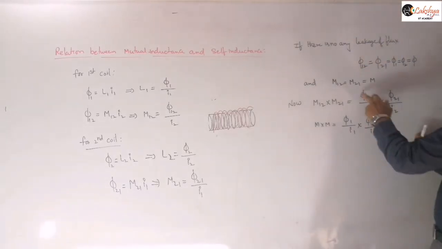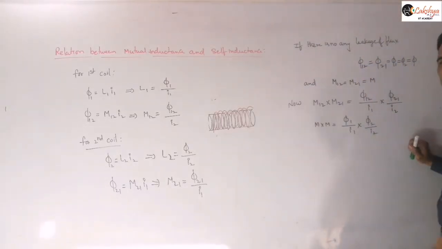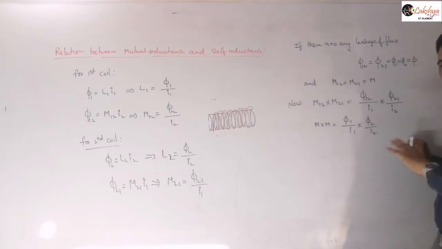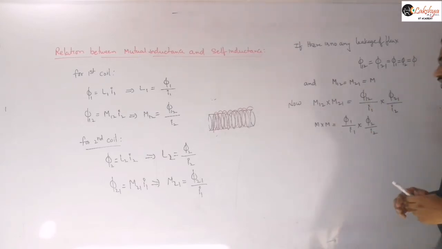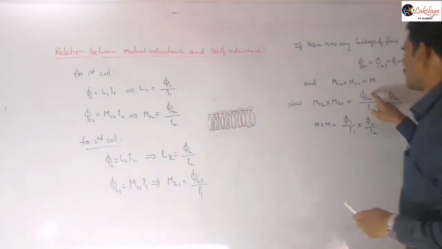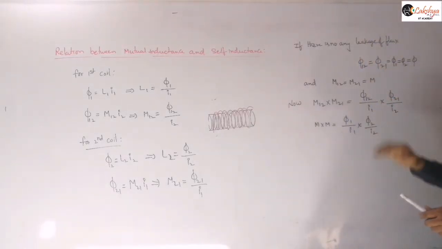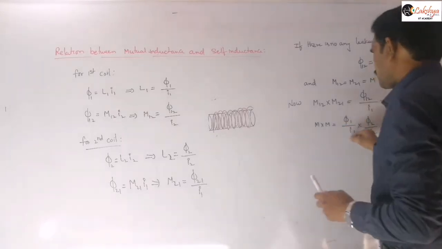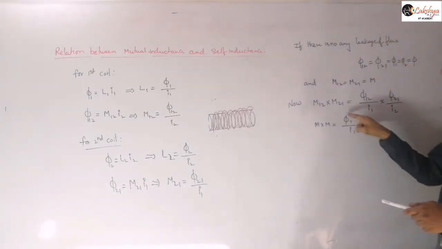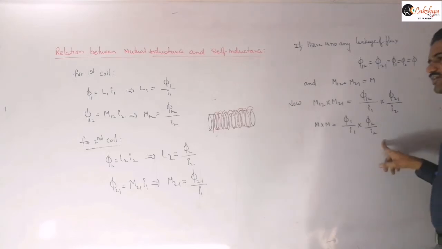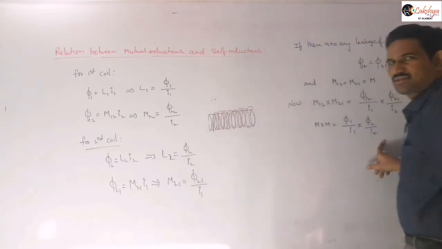Because these values are equal, whatever flux passes through one coil, the same flux passes through the other coil. So I replace them with phi 1 and phi 2, or you may assume some phi. Now you can observe that phi 1 by I1 is L1, and phi 2 by I2 is L2.